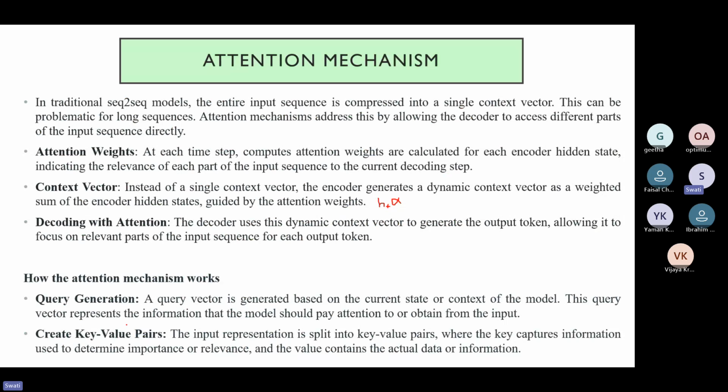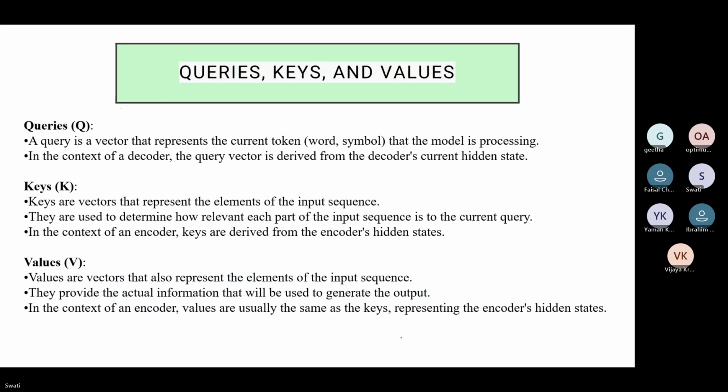Then there will be key value pairs: the input representation is split into these pairs, where the key captures the information for relevance and the value contains the actual data, whether vectors, embeddings or tokens. The query will represent the current token.